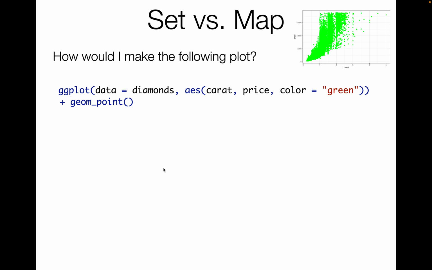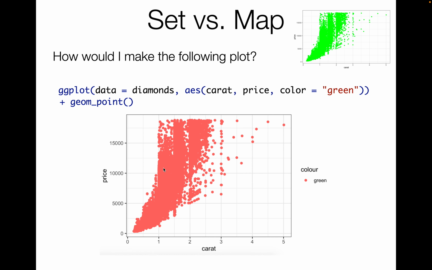If I try the first one, it does this. Gives it a color, but the color is red, and it calls that green. This is in fact not what we want. Anything inside the aesthetics should be a variable.